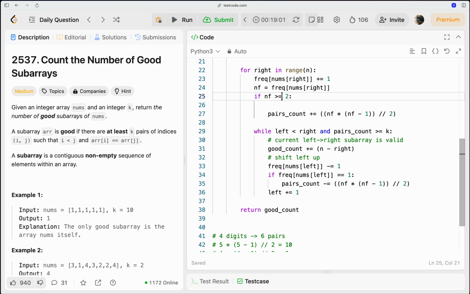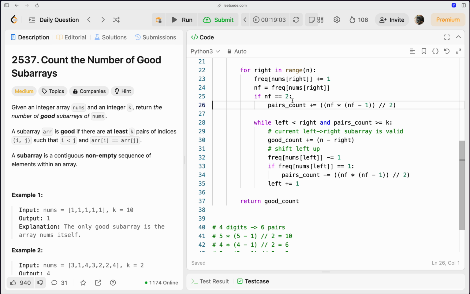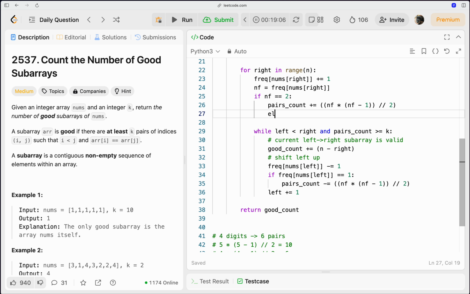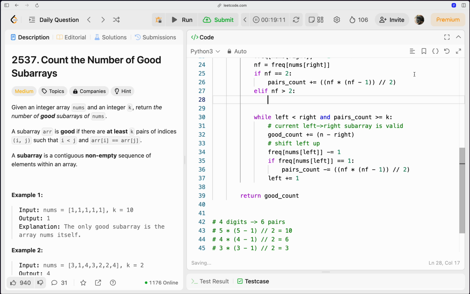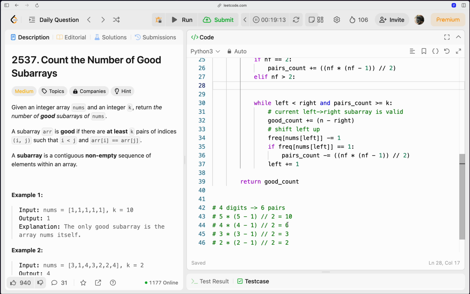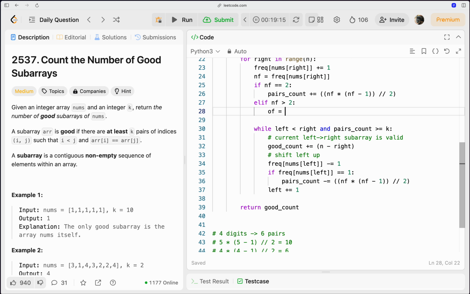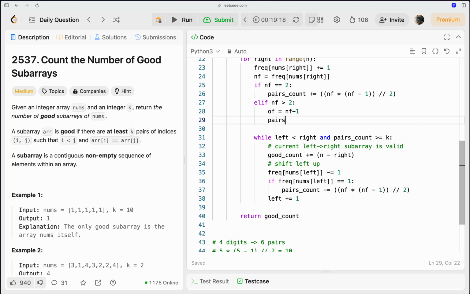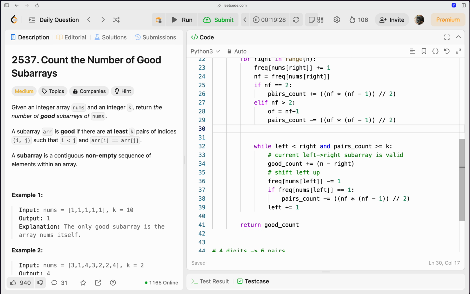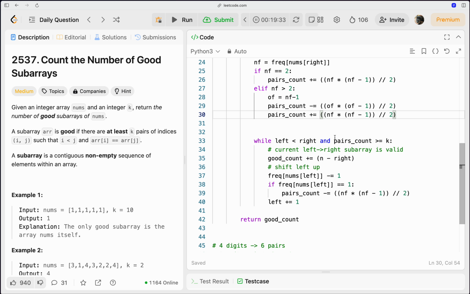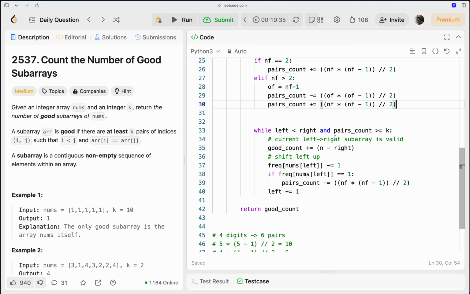Actually, if it's equal to 2, then do this. Else if NF is greater than 2, which means it's at least 3, then we want to subtract the one before it. So the old frequency is equal to NF minus 1, and then pairs count minus equal to old frequency times old frequency minus 1 divided by 2, so that we don't double count, before we do pairs count plus equals the new frequency.